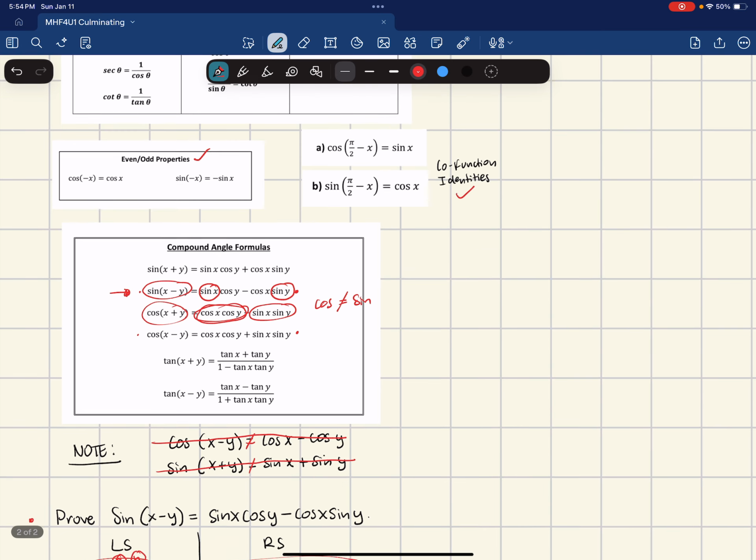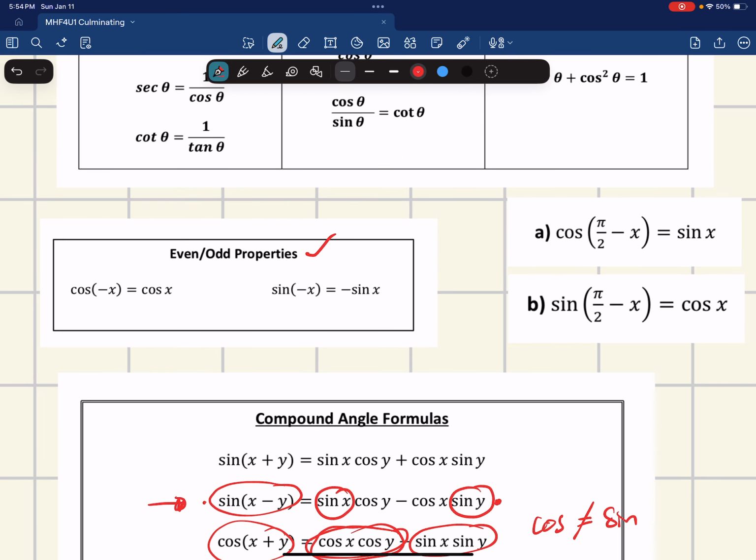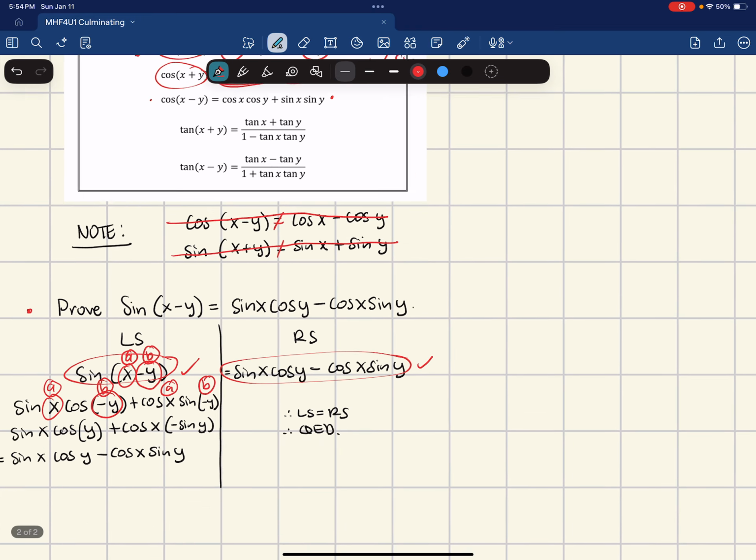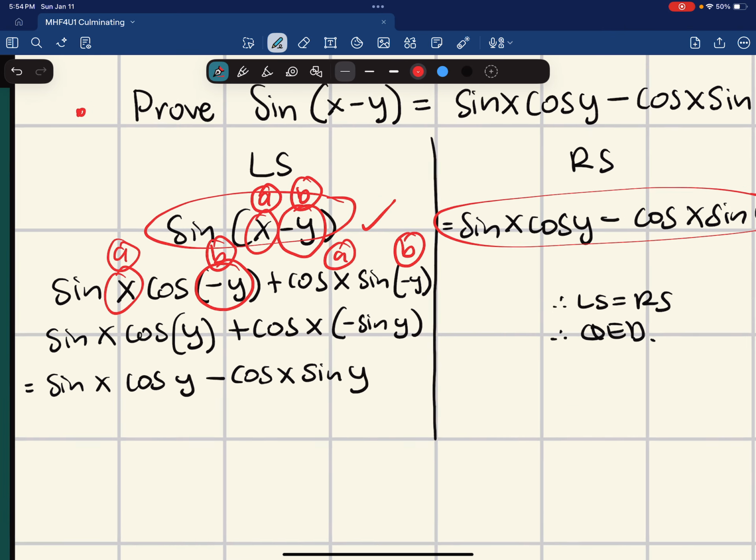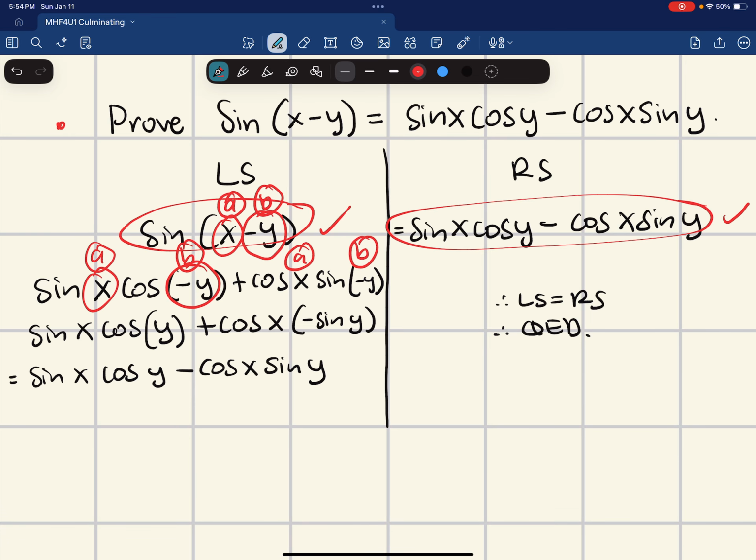But keep in mind also that even and odd properties vary depending on what trig function you're using. For example, because cos is an even function, negative y turns into positive y. Sine is an odd function, so sine of negative y just translates to negative sine y.